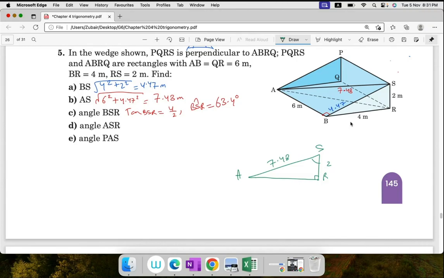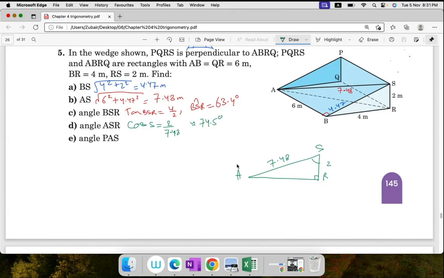So for ASR, this angle, what do we use? Sine, cos, or tan? I think for ASR we are going to use cos. Right. So cos of S is base over hypotenuse. So shift cos 2 divided by 7.48 is 74.5 degrees.